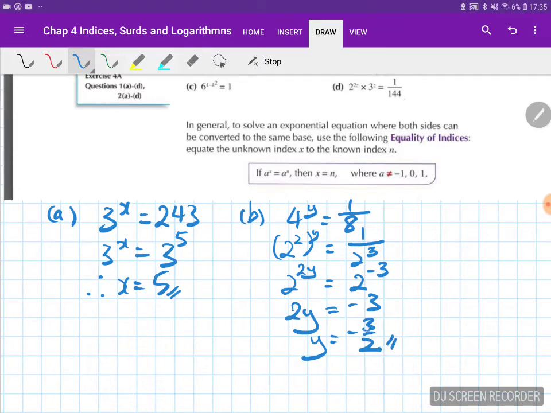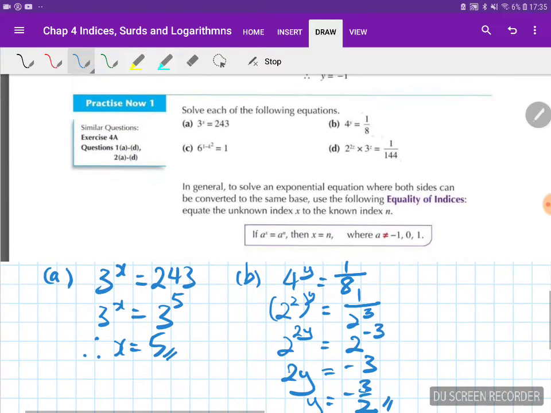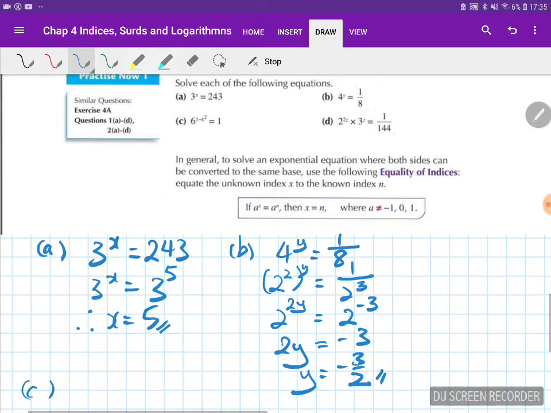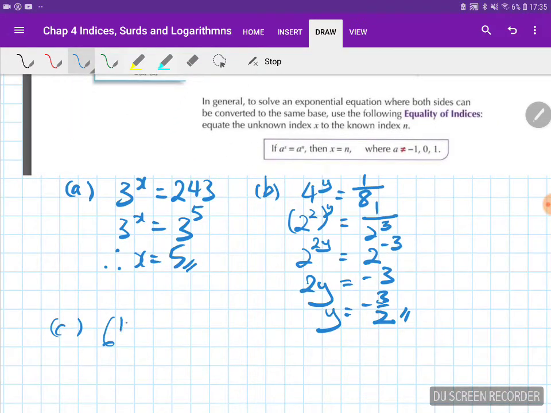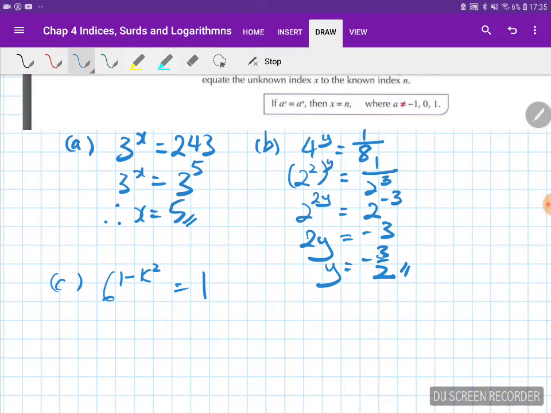Now let's look at part C. 6 to the power of 1 minus k squared equals 1. You know that in indices, the 1 is a very special number. It can be any base to the power of 0.